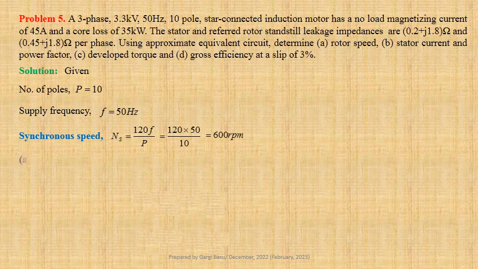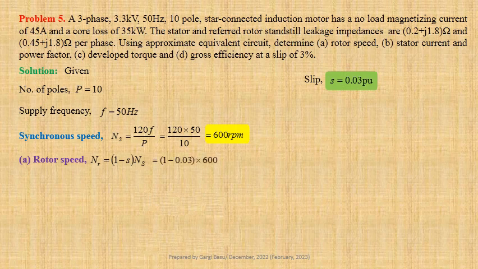Expression for rotor speed Nr equals 1 minus S times Ns. Given slip S equals 0.03 per unit. Therefore, Nr equals 1 minus 0.03 into 600, that is equal to 582 revolutions per minute.